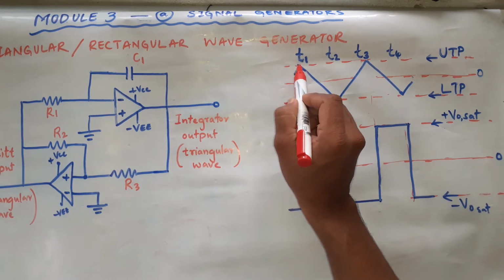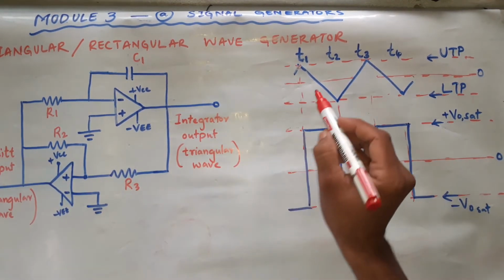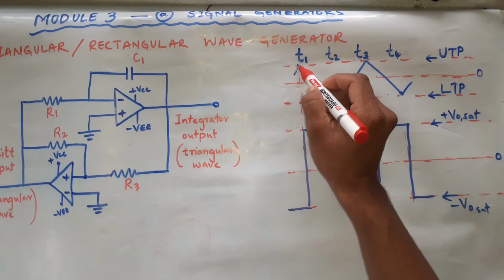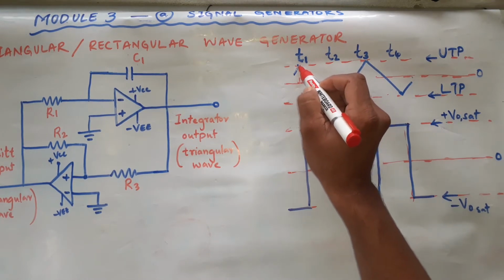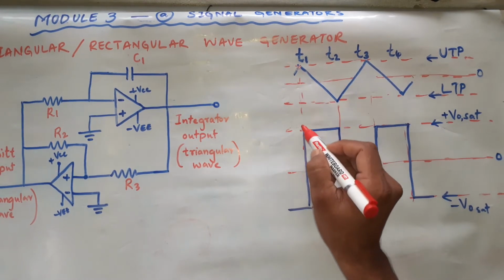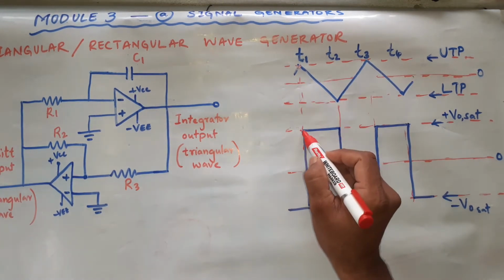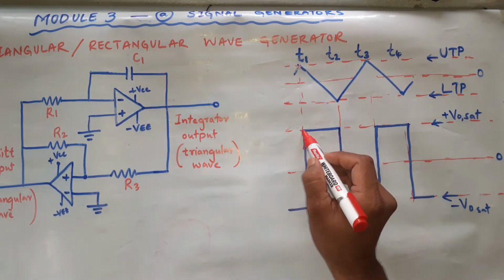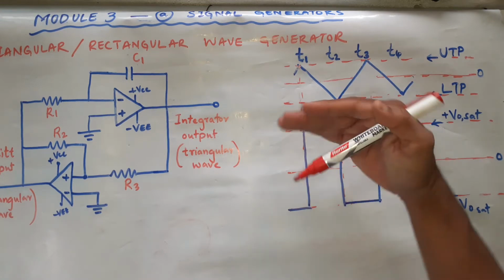Now the Schmitt trigger output, where is it at this instant? Come down straight, and you are at plus V0 SAT.